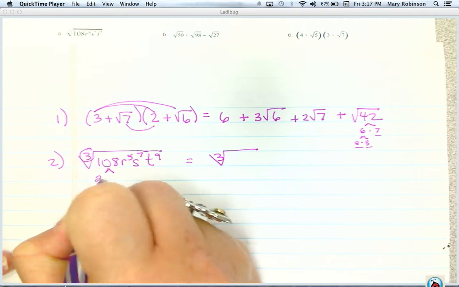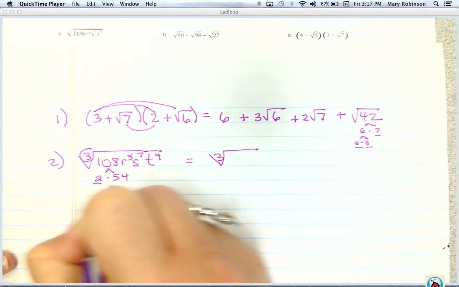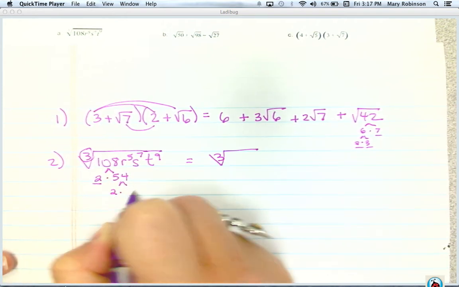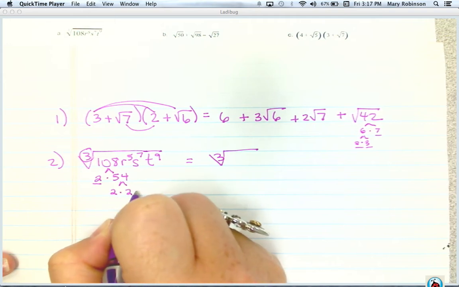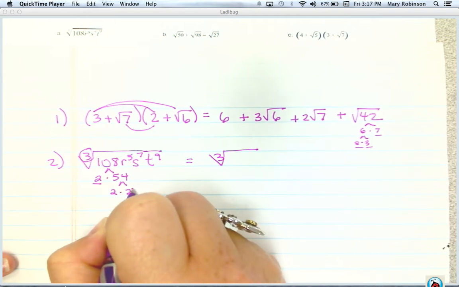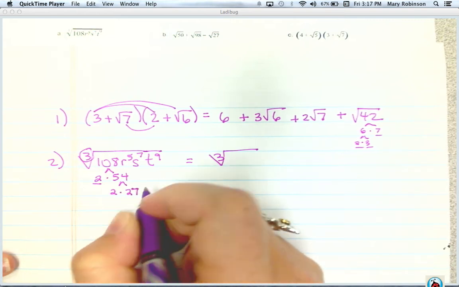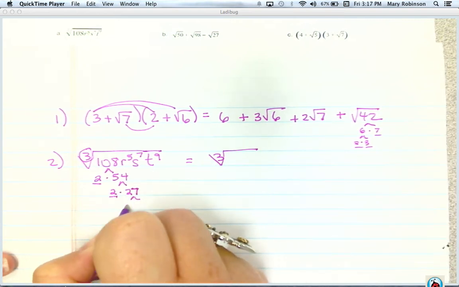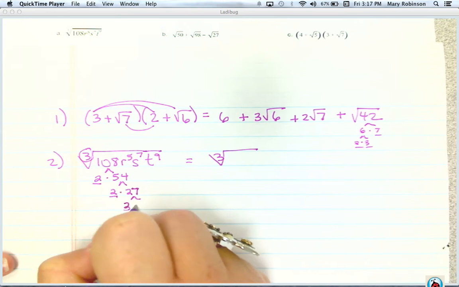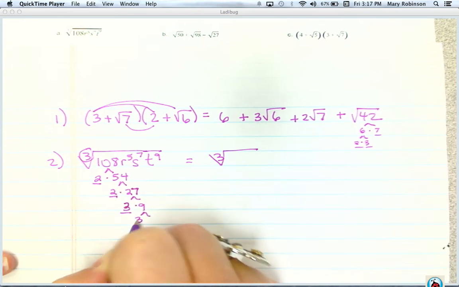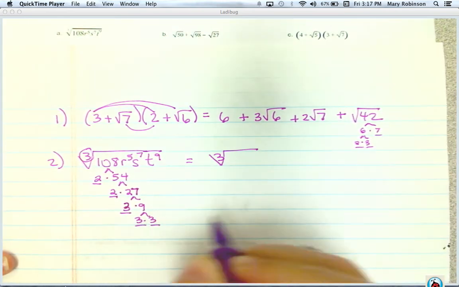So 108 is 2 times 54, which is 2 times 27. Yes, 2 times 27, which is 3 times 9, which is 3 times 3.